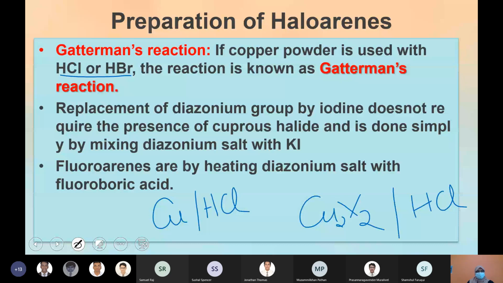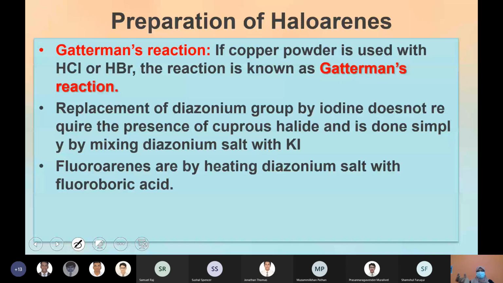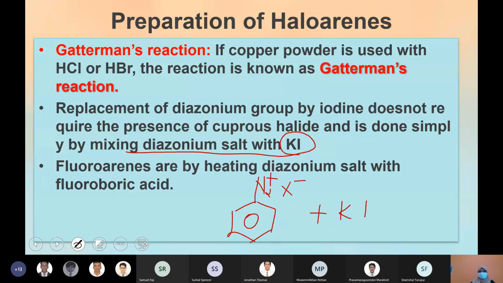That's what is described in the next two points. If you want to replace a diazonium group by iodine, it does not require any metal, copper or halide. You just mix the diazonium salt with potassium iodide. You don't need a catalyst like copper halide or copper. You take your diazonium halide, N2+ X-, and treat it with potassium iodide so that you get your iodo compound, iodobenzene.